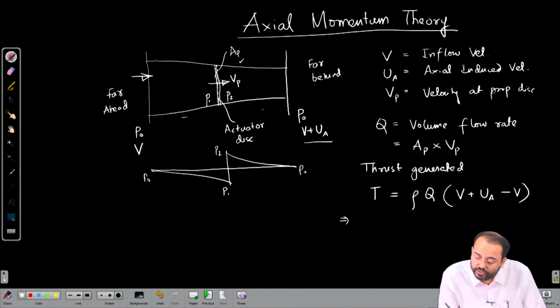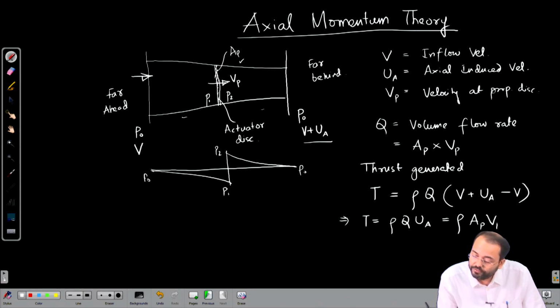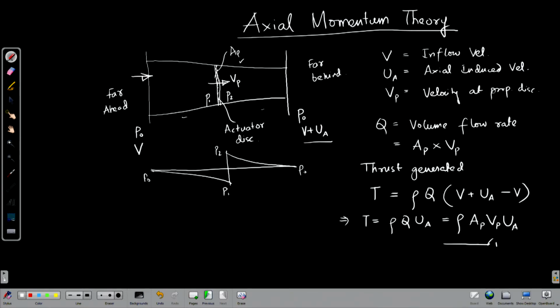So, thrust is given by rho Q UA. Now, what is Q? AP times Vp. So, we can write T equals rho AP Vp UA. We name it equation 1.